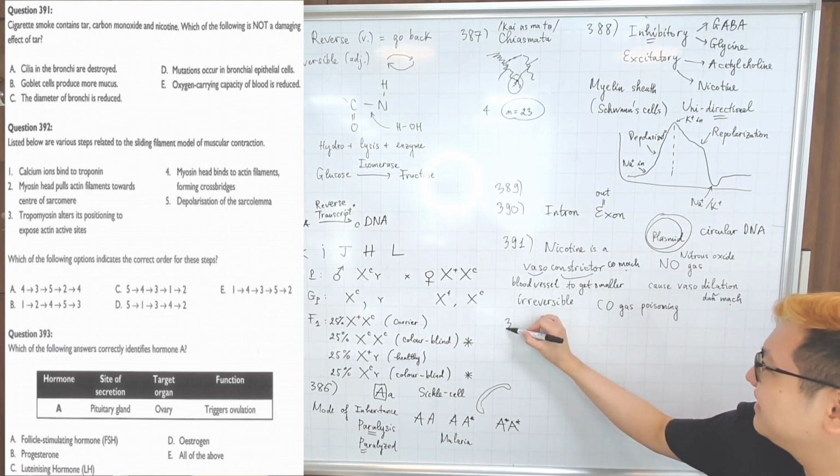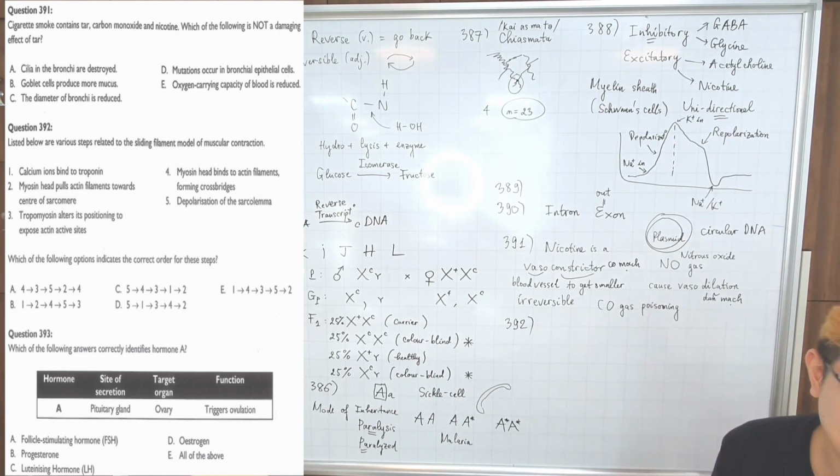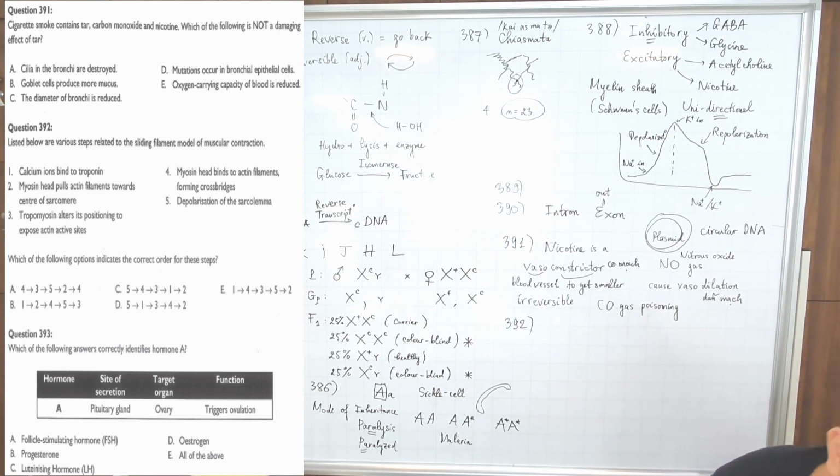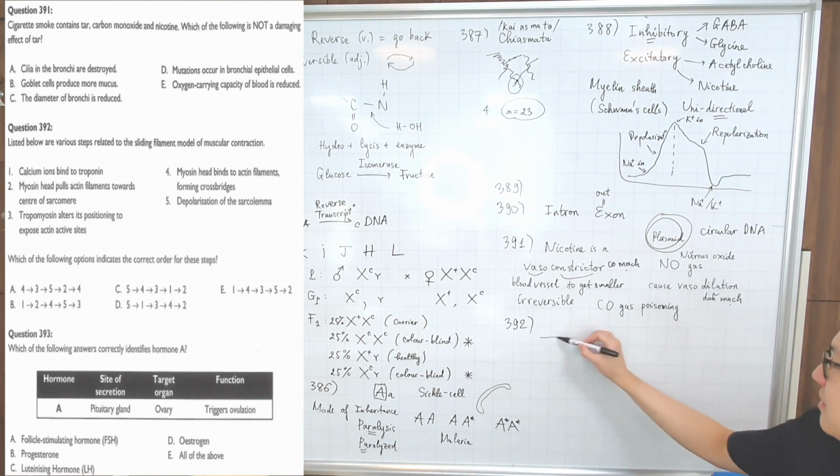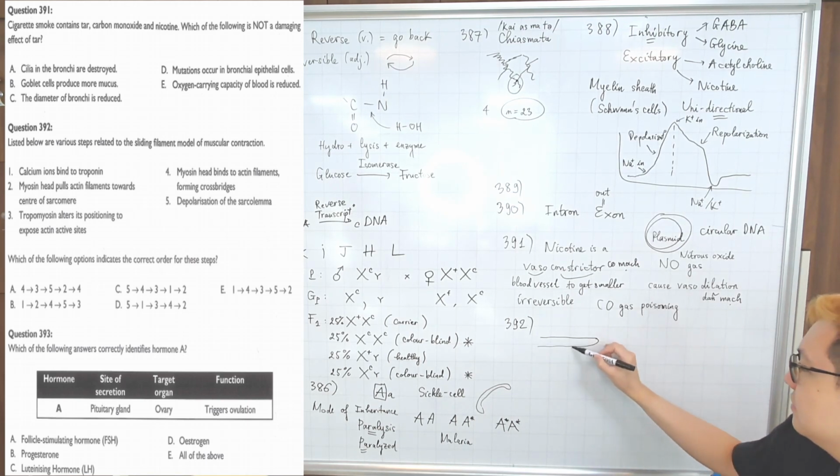Question 392. Okay, I don't smoke. Okay, I don't know. Listed below are various steps related to the sliding filament model of muscular contraction. So we talk about muscle contraction now.